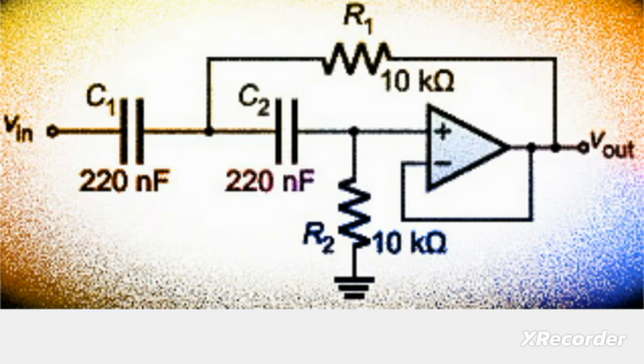Advantage of using such configuration of op-amp is that it provides extremely high input impedance at the input side and it provides extremely low output impedance at the output side.